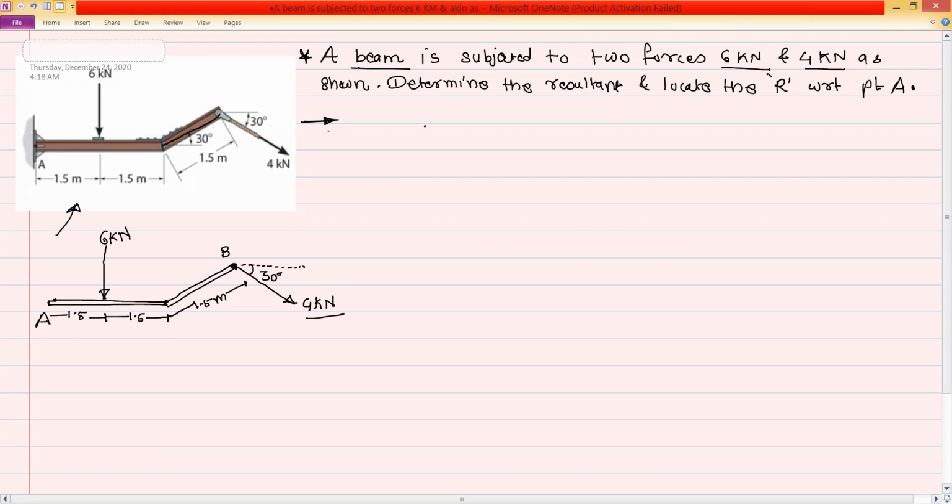So when you find out the resultant, first we have to find out the resultant. Okay. So the steps for the resultant calculation is, first we have to resolve the forces. So for the resolution, we have to only observe the forces which are inclined to x-axis or the y-axis.